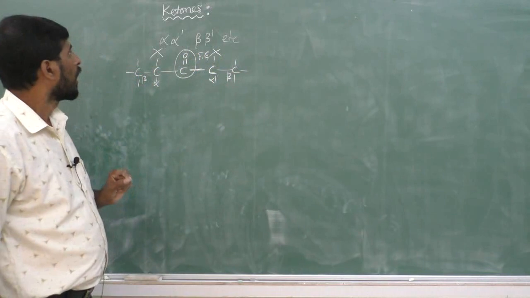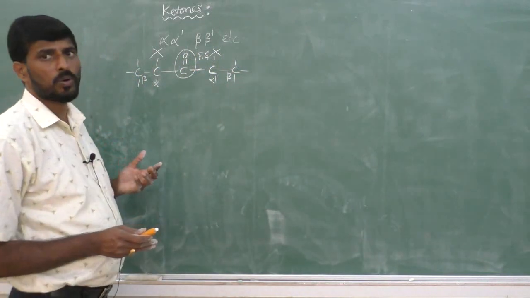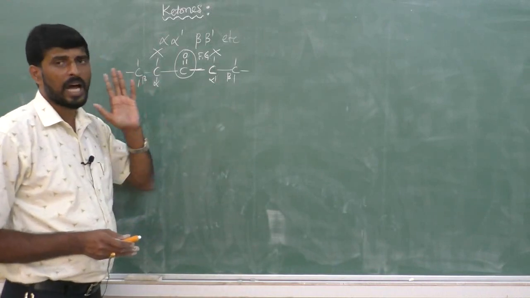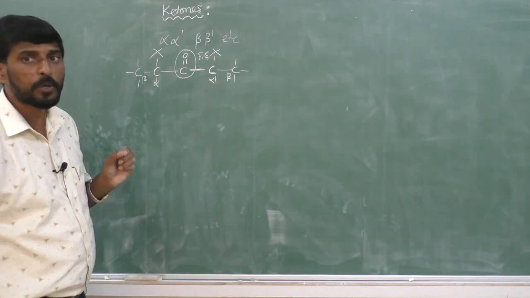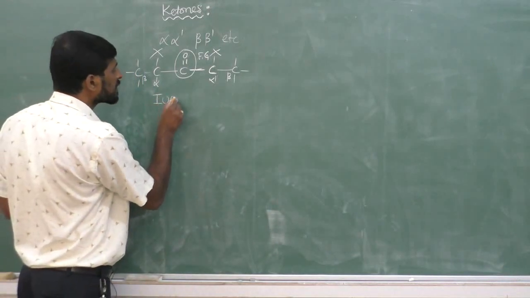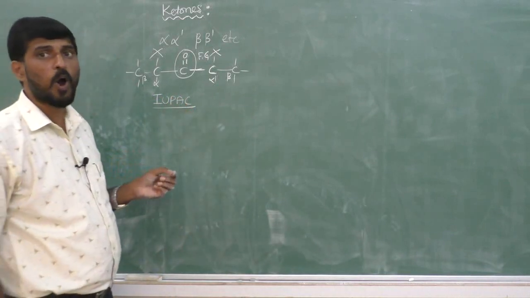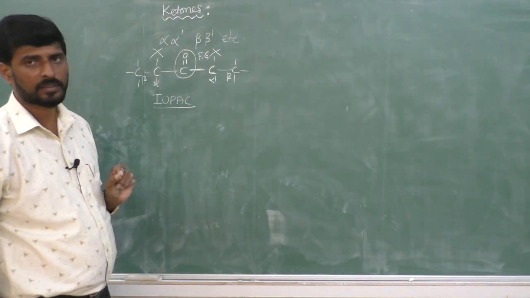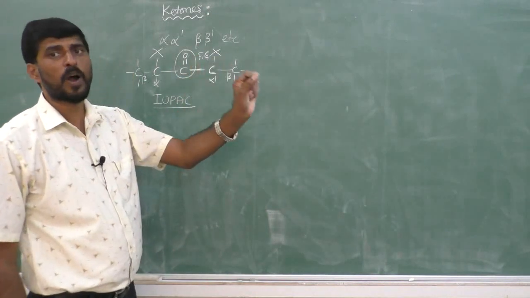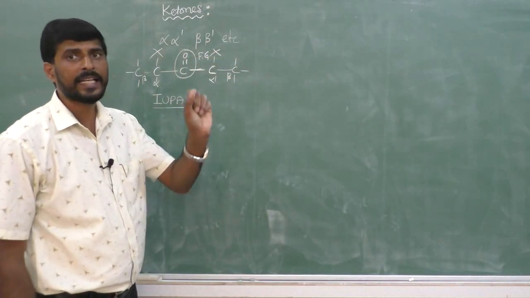Next, in the case of aromatic ketones also, we arrange the name in alphabetical order. What about the IUPAC system? In the IUPAC system, the name is derived from the corresponding hydrocarbon, in which the last E of the corresponding hydrocarbon is replaced by ONE.